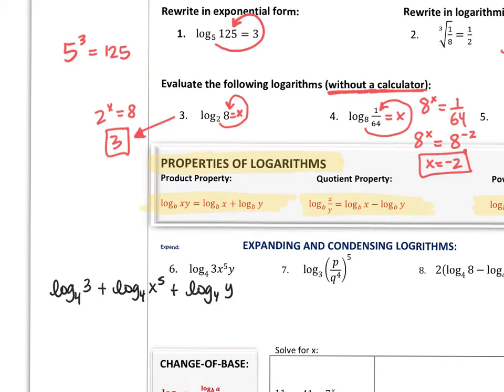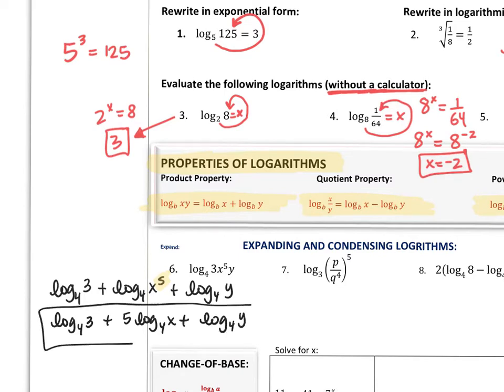Now the only thing that you can do now is move this 5 down to the front. Okay, and that's important. You have to do that. So this is log base 4 of 3 plus 5 log base 4 of x plus log base 4 of y. So that is our answer for that one.